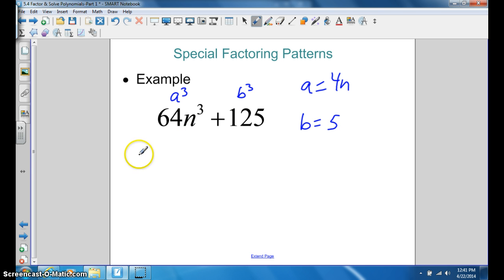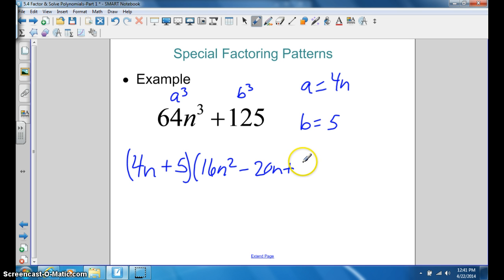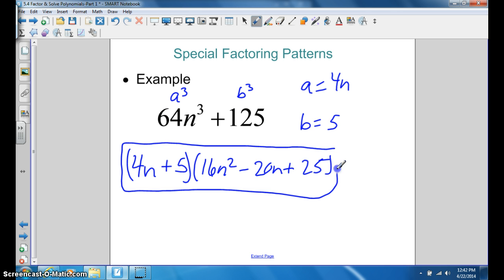So once again, plug it into your formula. 4n plus 5. Then we need to take a and square it, so we have 16n squared minus a times b, which is 20n, plus b squared, which is 25. And we are finished with that.